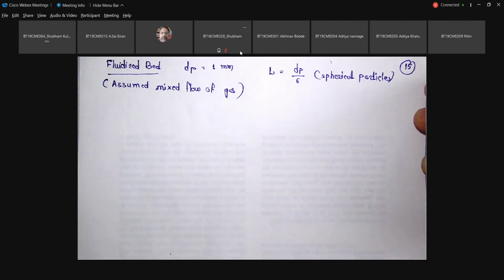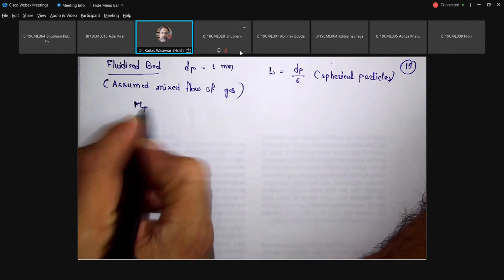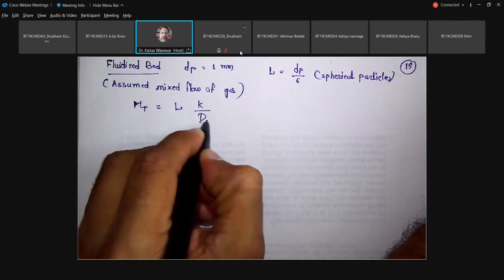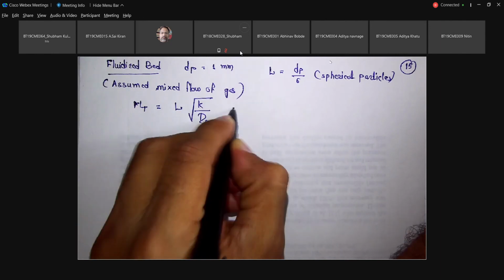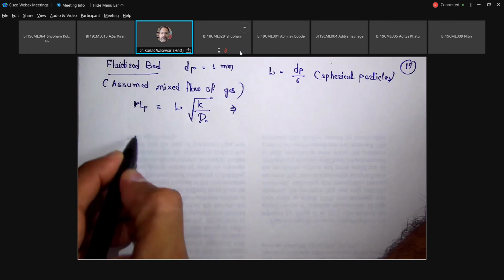Spherical particles, then find out the Thiele modulus. K is known. So what is the value of this Thiele modulus? Once you have that, it is a mixed flow reactor.